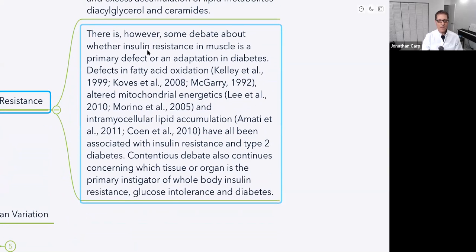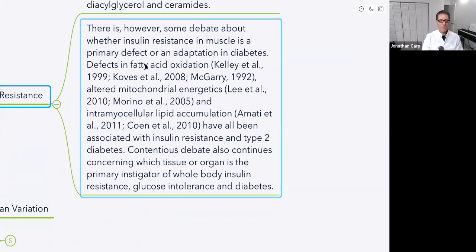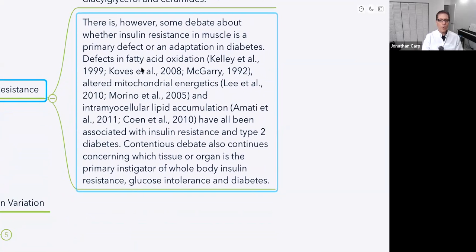There is some debate, though, whether insulin resistance in muscle is the primary defect in diabetes. Nonetheless, the point is that there are essentially defects in fatty acid oxidation that happen. So your ability to break down fat, which is basically what we've spoken about when we're talking about metabolic inflexibility, is happening as a result of obesity and insulin resistance.